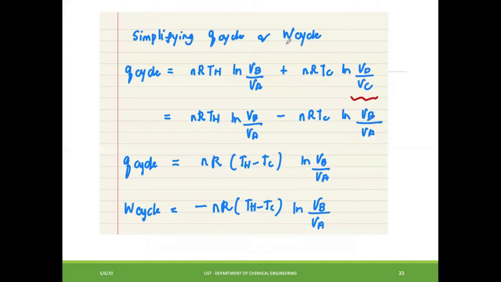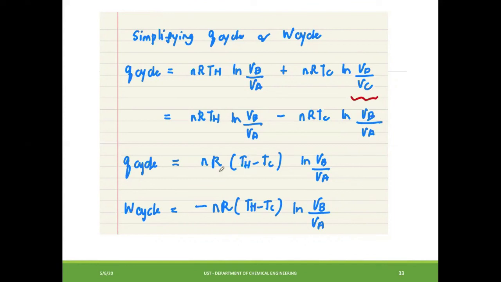Simplifying the Q cycle and the work cycle here. Recall in the previous slides, Q cycle is equal to nRTH ln(VB over VA) plus nRTC ln(VD over VC). But VD over VC is equal to VB over VA.